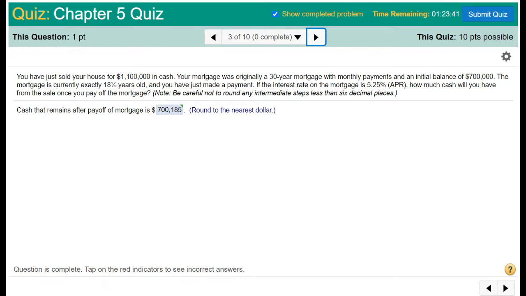Now we're going to say N equals 138. IY equals 5.25 divided by 12. The payment is the amount that I came up with before. Future value is 0, and compute for present value. And I subtract that present value amount from this. And it says to the nearest dollar. And that's how you do this problem.